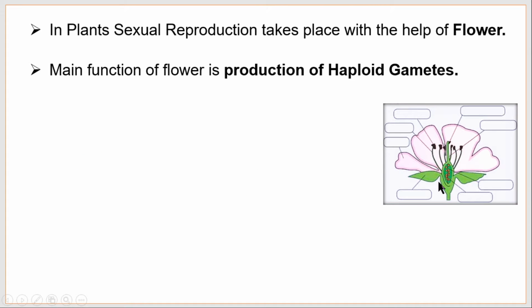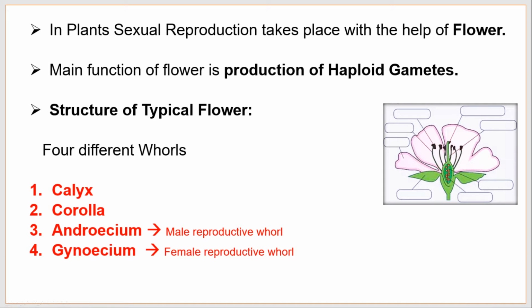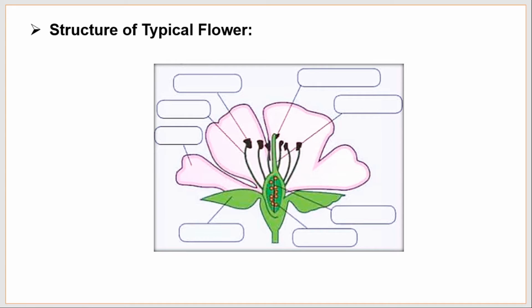In a flower, there are different types of whorls. Mainly 4 different whorls are there, that is calyx, corolla, androecium and gynoecium. In this, androecium and gynoecium are reproductive whorls. In a typical structure of flower, you will find 4 whorls.